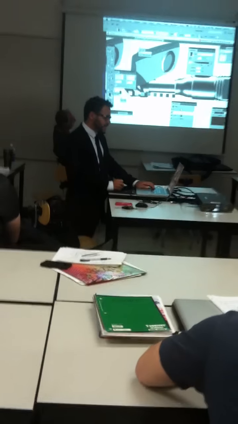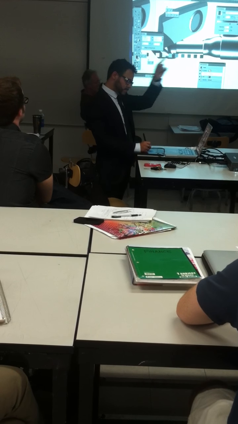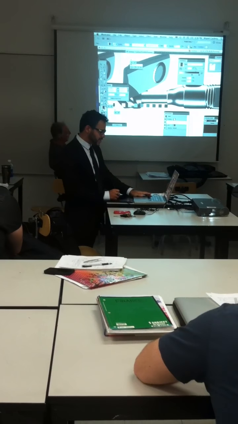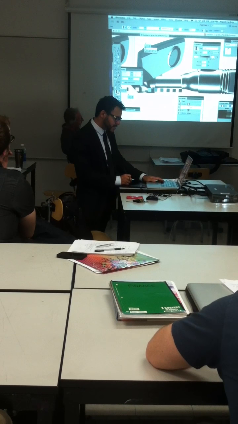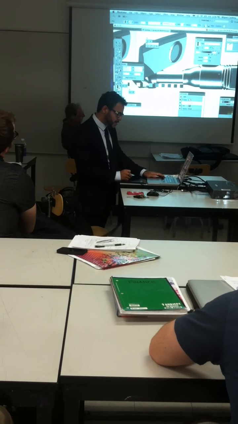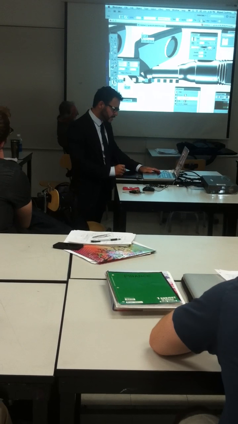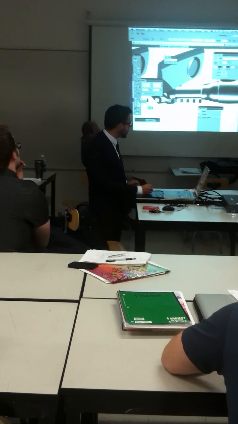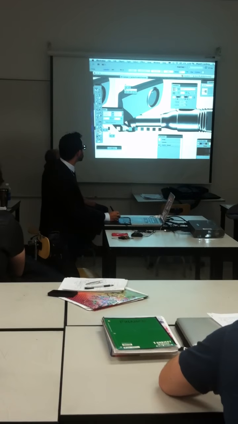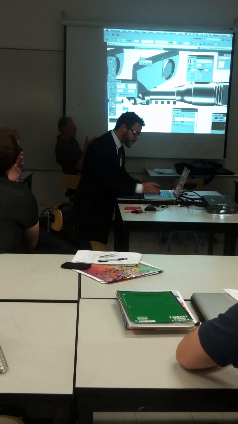Select your paint bucket right here, eyedropper, hold Shift, select. Okay, so I have that. It's going in the wrong direction, and it might not be the proper distribution that I want, but it's okay.